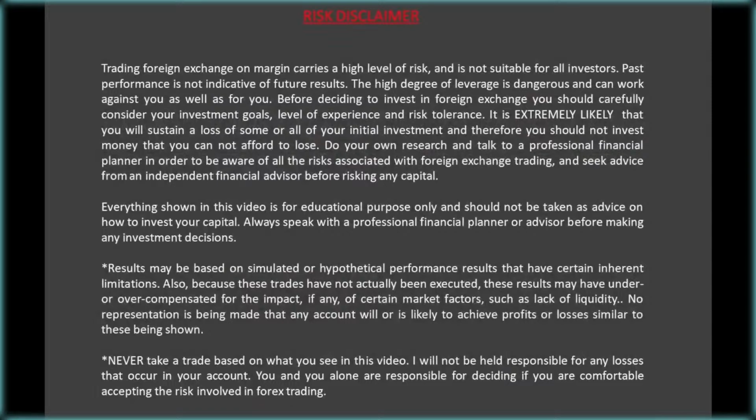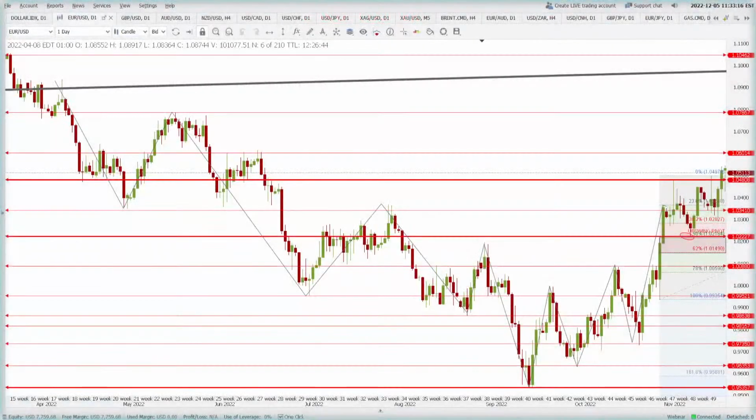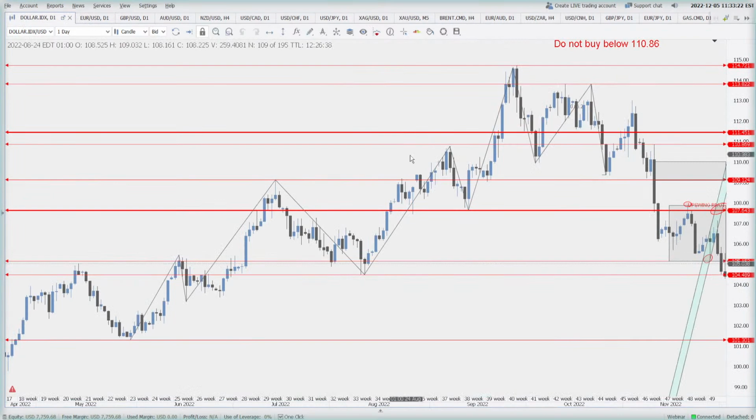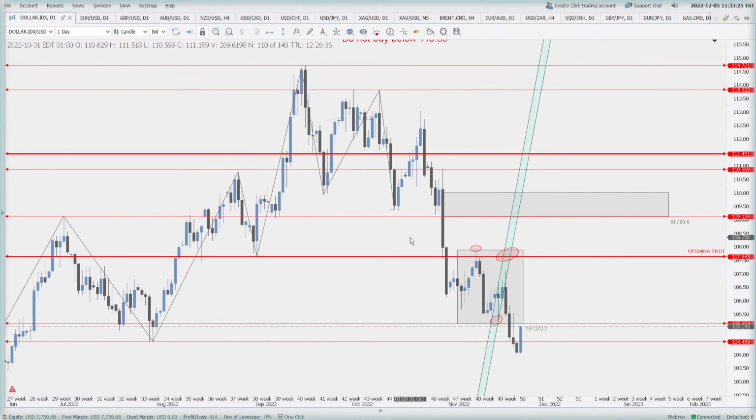Alright guys, with this said, let's go to the J Forex trading platform, which is what we like to do. Oh, it's euro? No, we want to see the US dollar first of all. Now this is the daily chart of the US dollar, guys. Is this something new here? No, because we are doing this every day.